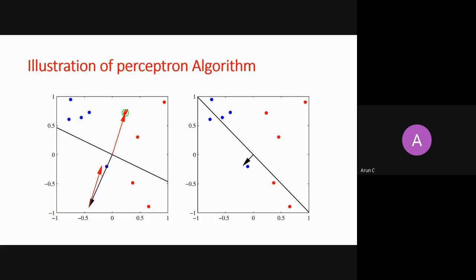Because it is a positive sample, you take this vector x and add it to this w vector, and the resultant vector will be this one. This is your new w. It means it will change your orientation, like this, right? Because w is always orthogonal to the hyperplane.